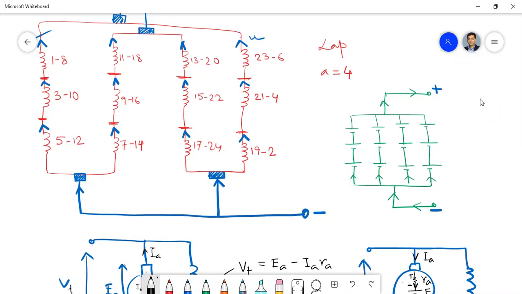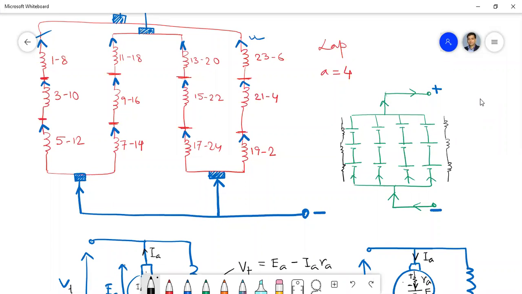My question is, for the motor the current direction must be from the voltage source terminal plus towards the minus. But here you have done the opposite.